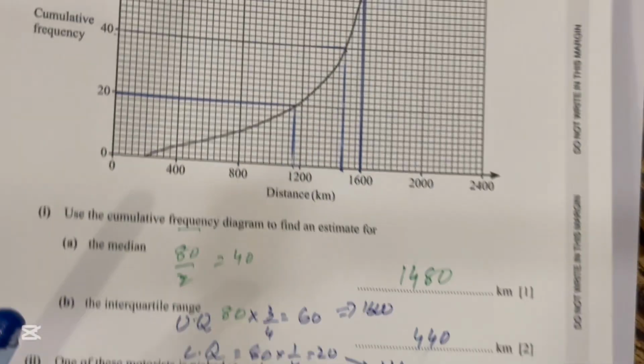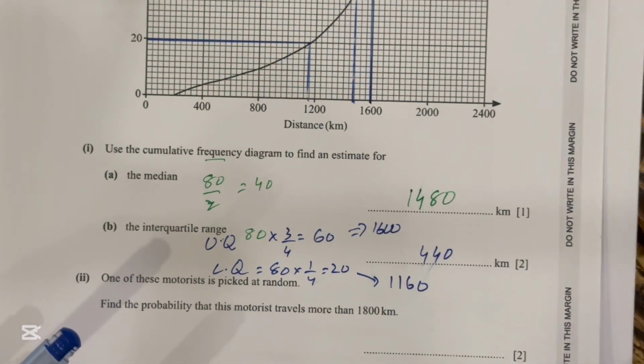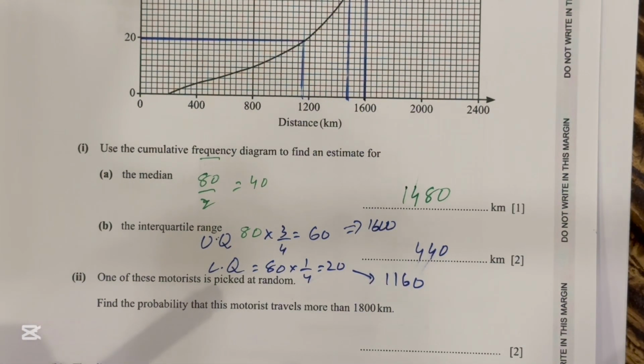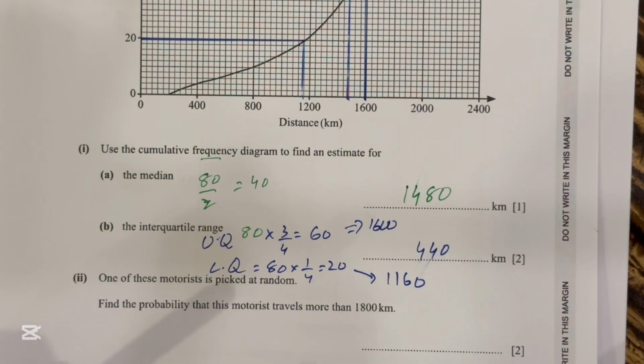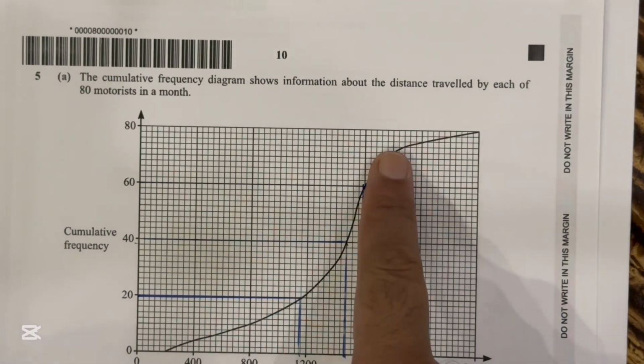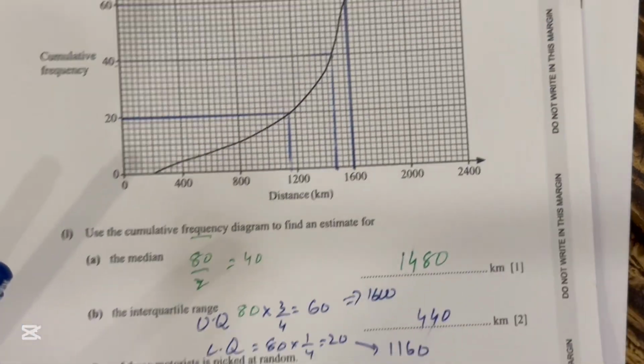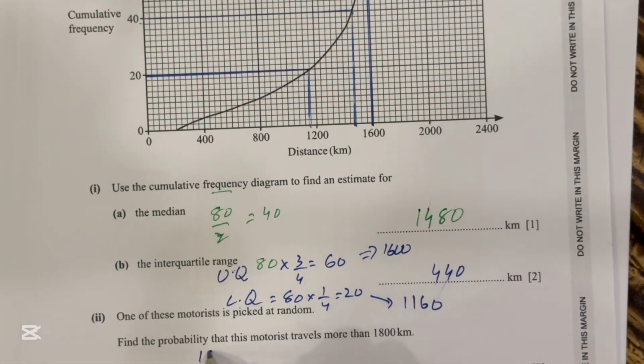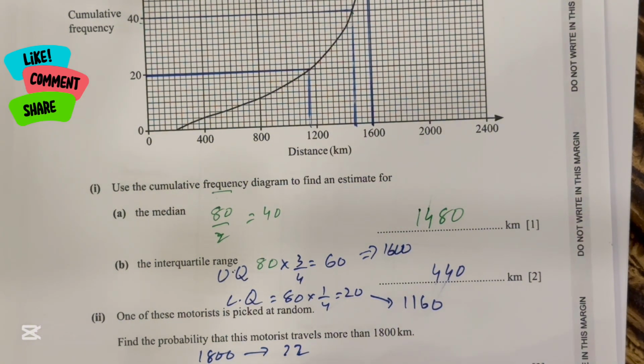Next part is one of the motorists is picked at random. Find the probability that the motorist travels more than 1800 kilometer. At 1800, this was this point and the value is 72. So at 1800 the value is 72, and the total motorists are 80, minus 72, subtracting those it would be 8.